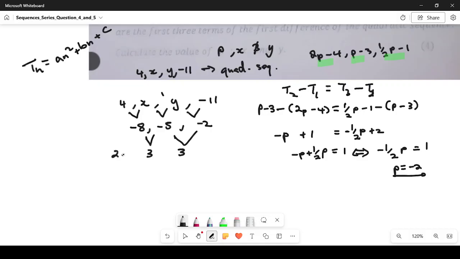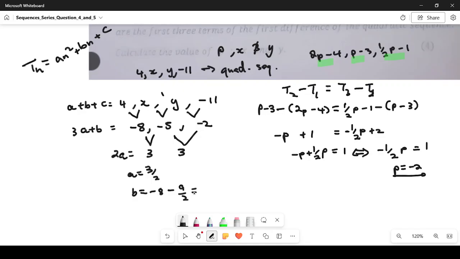So we'll just say 2a is equal to that, and then 3a plus b is equal to that, and then we have a plus b plus c. So a is equal to 3 halves, and then for our b is equal to minus 8, then minus 9 divided by 2.